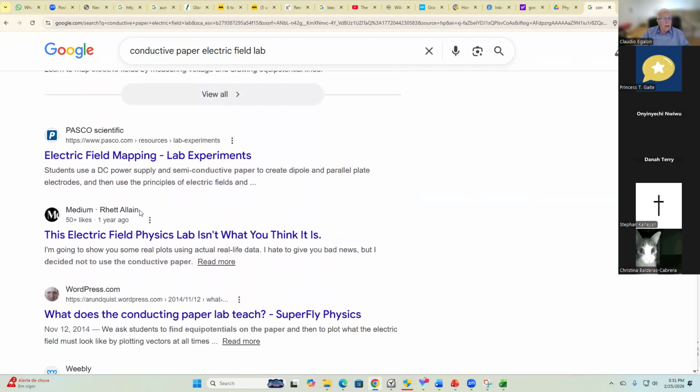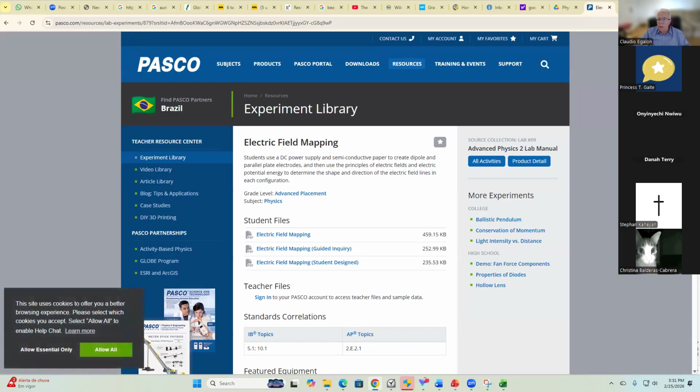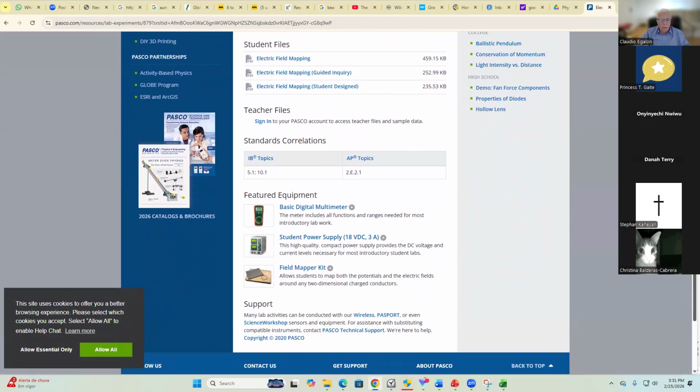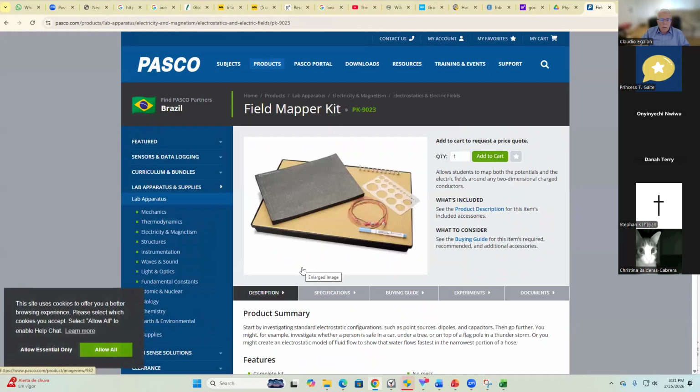For electric field mapping lab experiments, Pasco sells some of those. Let's see if we have one here. Field mapper kit. Let's take a look at this one. Here's the paper, see? We have a bunch of those papers right in here.